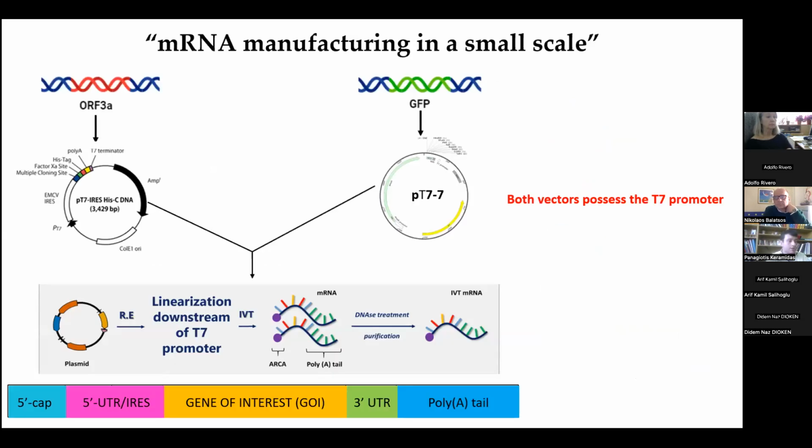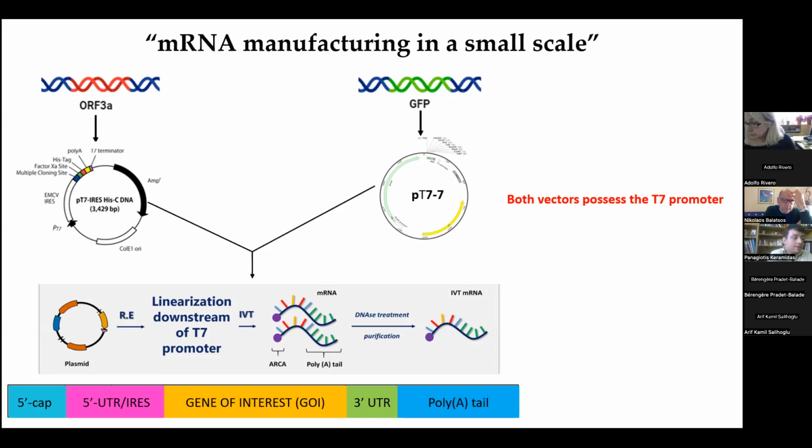So in our project, as I said, we did mRNA manufacturing on a small scale, where we cloned the ORF3A gene, after designing and delivering it in a plasmid containing a CMV promoter.